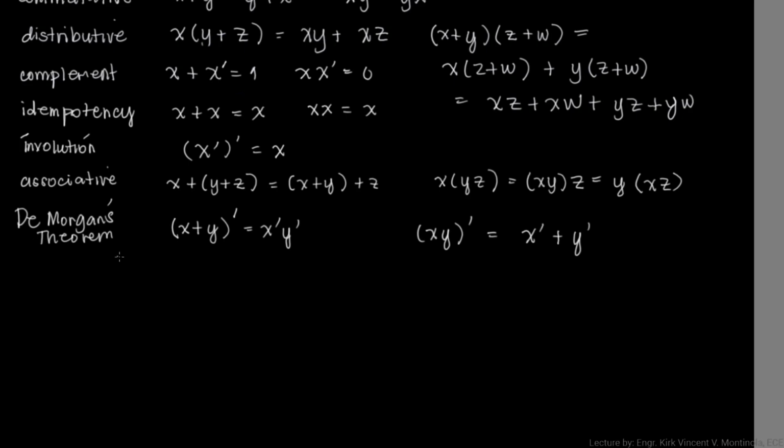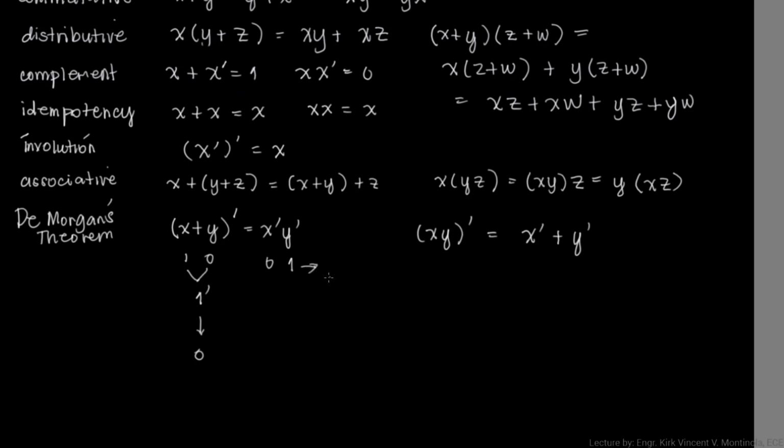If you want to check, try to substitute 1 and 0. For example, we have here x as 1, and y cannot be the same as x, so that means it's 0. Then the sum of these is 1. Then if you complement the 1, that becomes 0. So what happens here on the other side? We have x, our x is 1, and you complement it to 0. Our y is 0, and you complement it to 1.